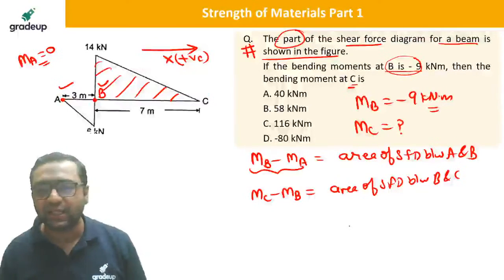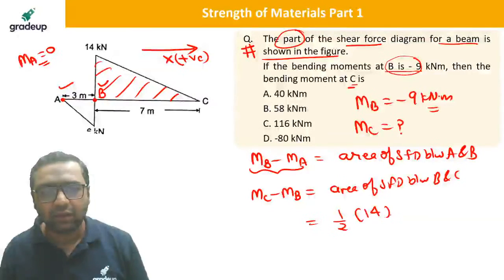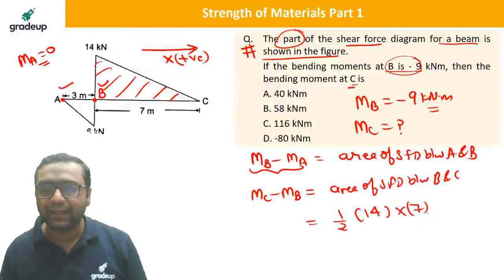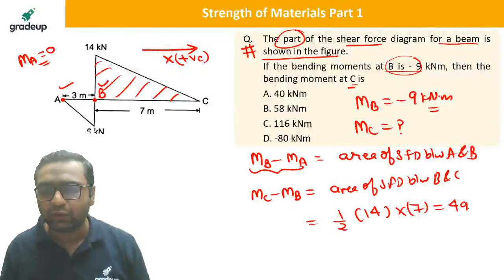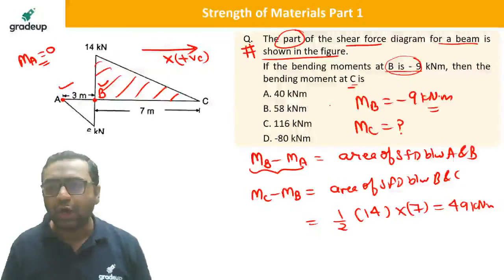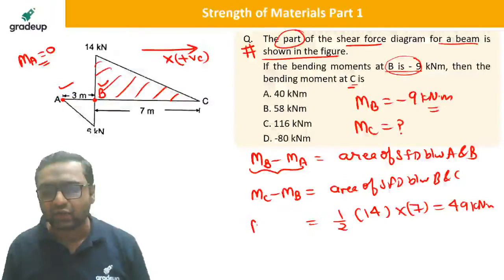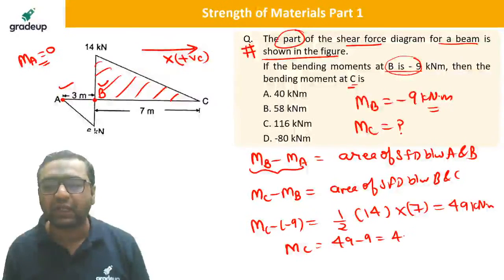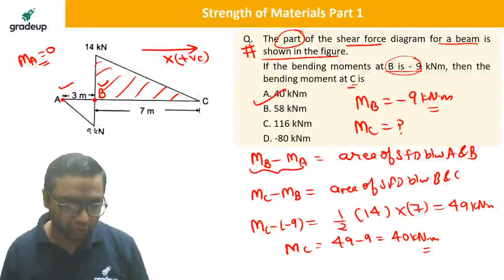And if you see this area of triangle, it is half into 14 into 7. This will be the area. It is going to be 49 kilonewton meter. And you know MB is already given as minus 9. So MC minus of minus 9. So MC will be 49 minus 9, which is 40 kilonewton meter. Answer is A for sure.